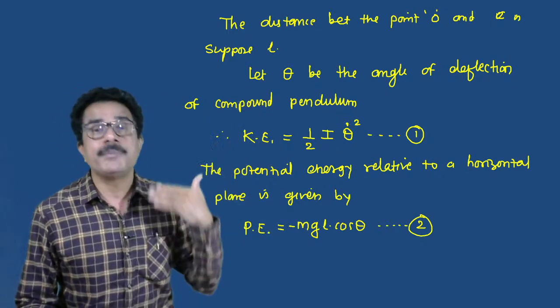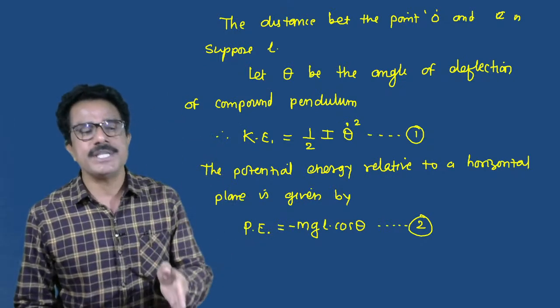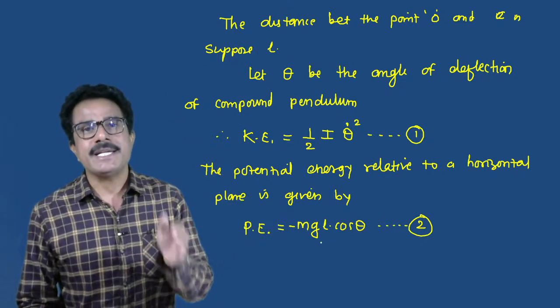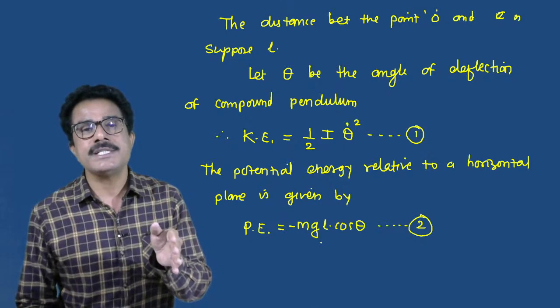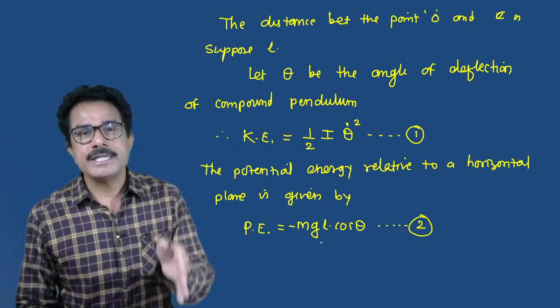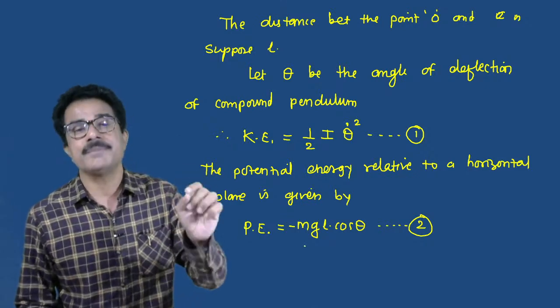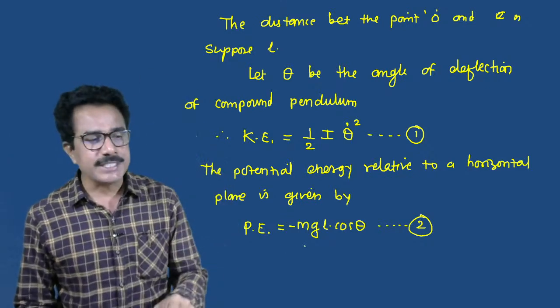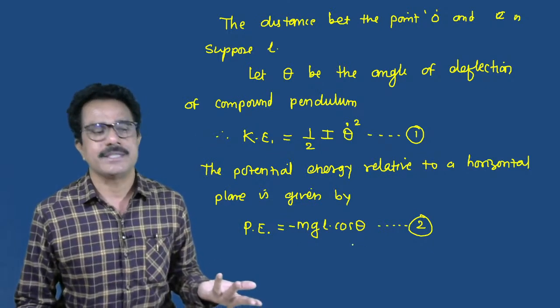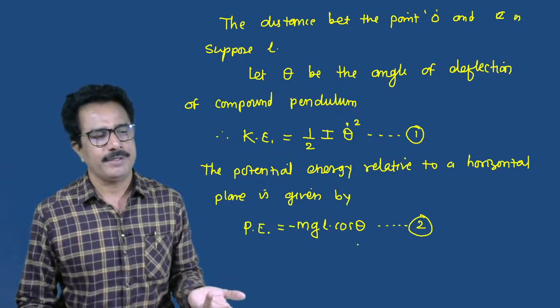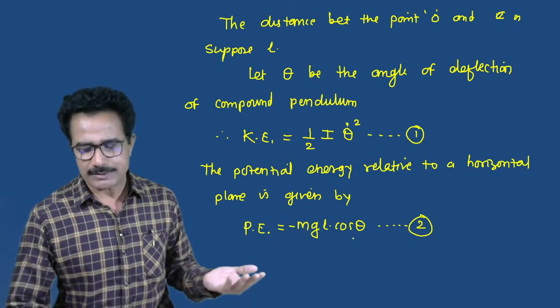Actually you know that the potential energy is mgh, with a minus sign because it is in the opposite direction of the gravitational force of attraction. So we can write mgh, but h is given in terms of length L cos theta, so h is replaced by L cos theta.